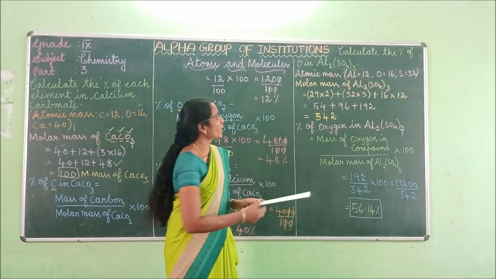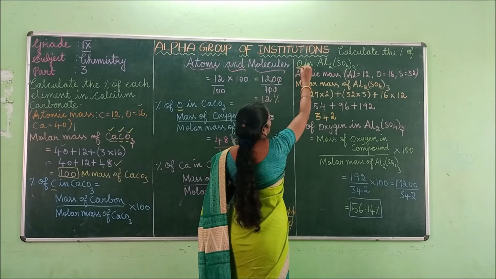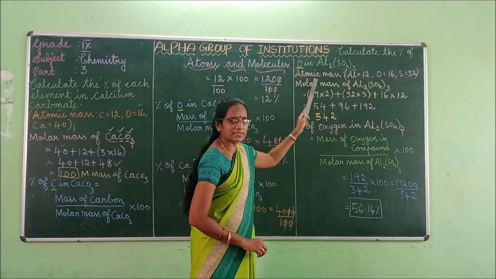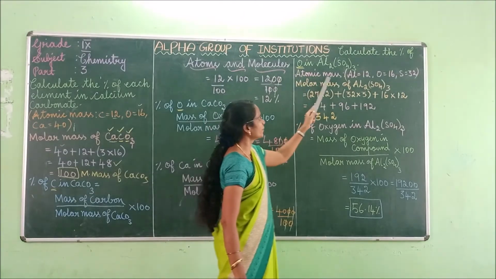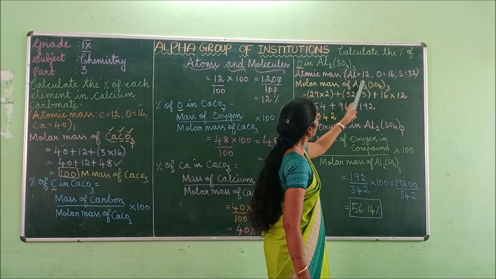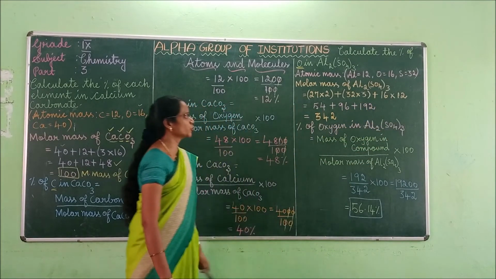You have to find the percentage only for oxygen. So first, the atomic mass is given in the question itself. Atomic mass for aluminium is 12, as well as oxygen is 16 and sulfur is 32.